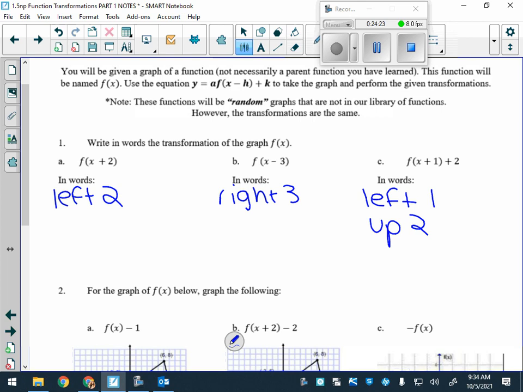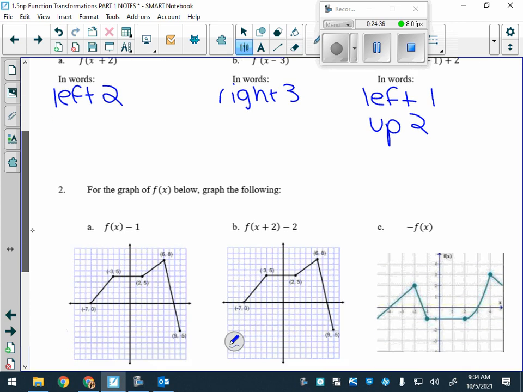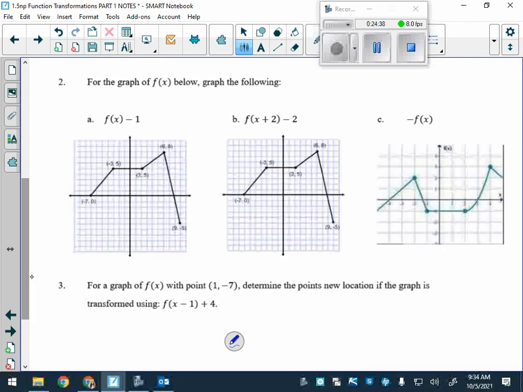So again, what you guys just did is the same exact thing. Transformations A, H and K work for all functions, okay? Even if they're random, which we're going to see right now. So these are moving points. If I have f of x minus 1, what is happening? Mia? Awesome.